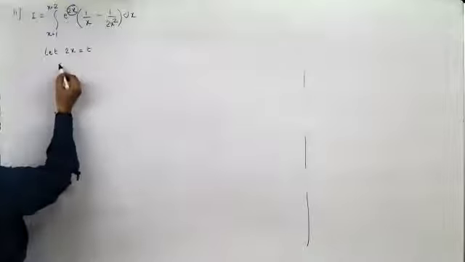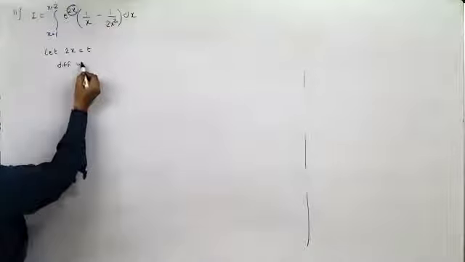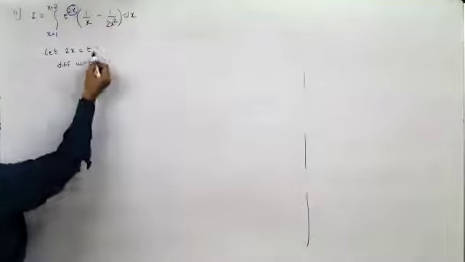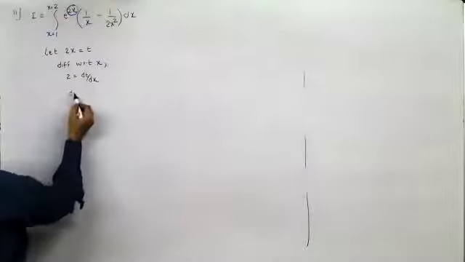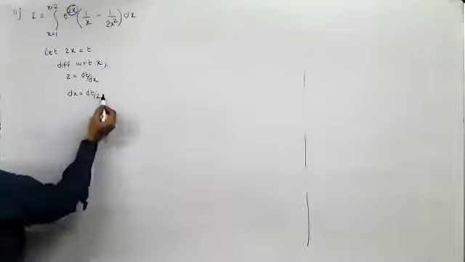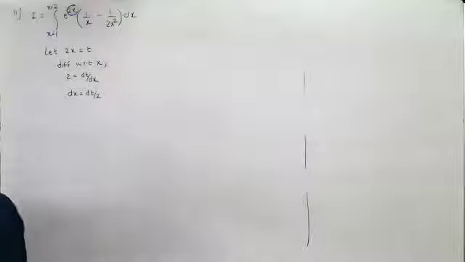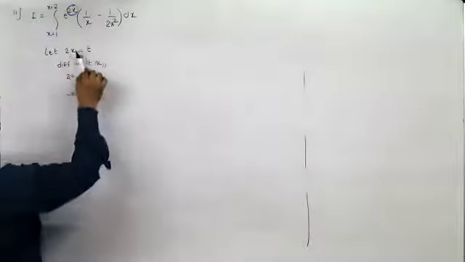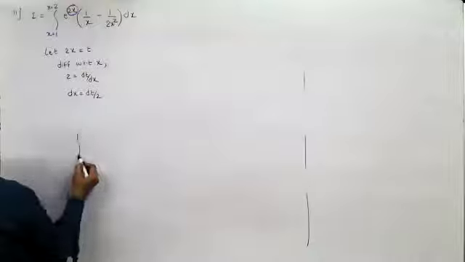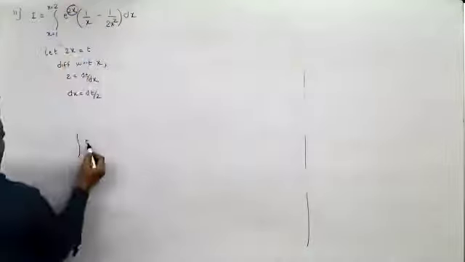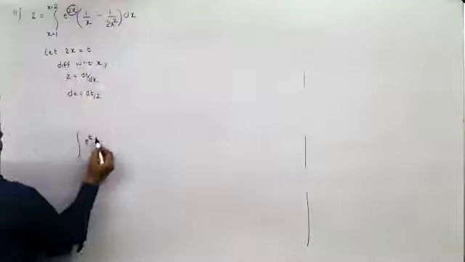Now, when I take 2x as t, when I differentiate, I get 2 is equal to dt by dx. I get dx equal to dt by 2. Remember, when you substitute, the t values would change. First of all, e raised to 2x would be replaced by e raised to t.